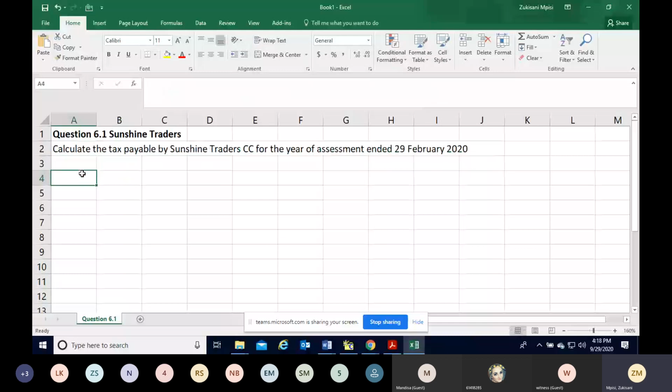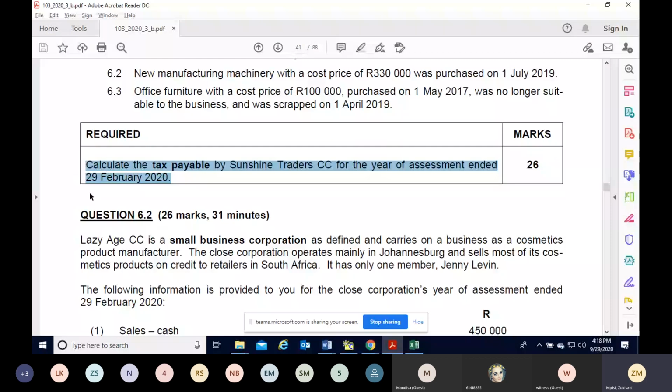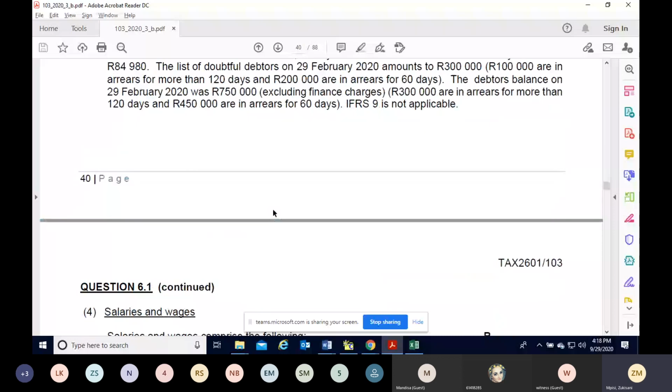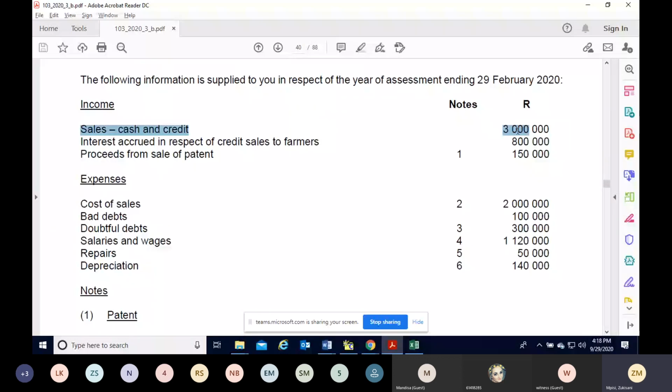So we know that first we've got an income, and then eventually we'll have the deductions. So the information is provided. We've got an income where we are provided that sales, cash and credit, is 3,000. So we know that for gross income, it does not matter whether it's cash or credit, because with credit we're looking at accrual, that it accrued to a taxpayer. So we will have sales.